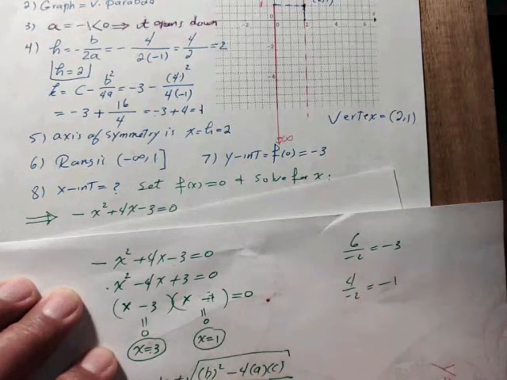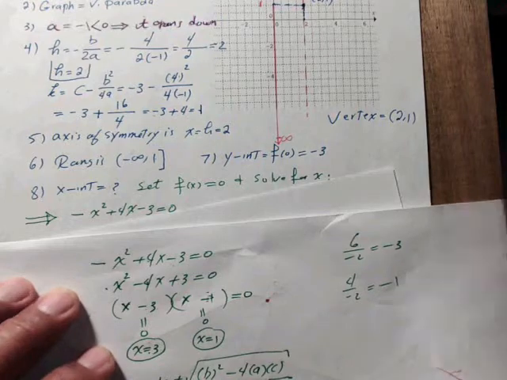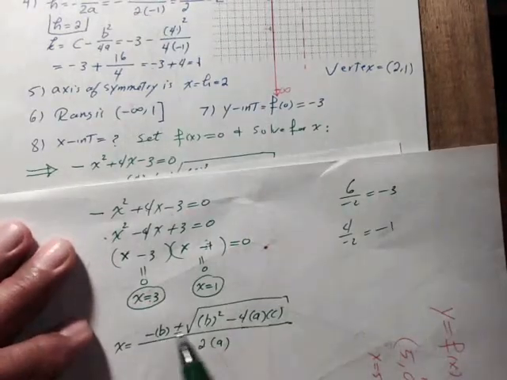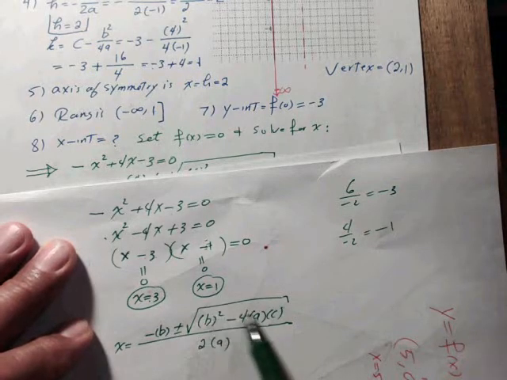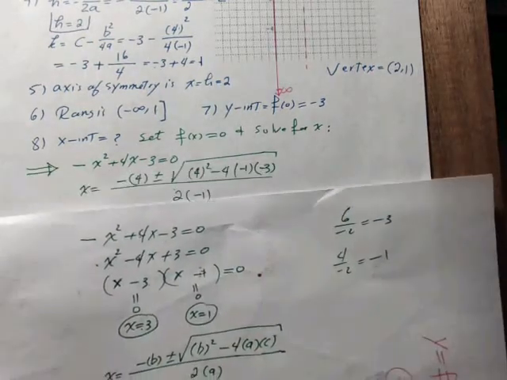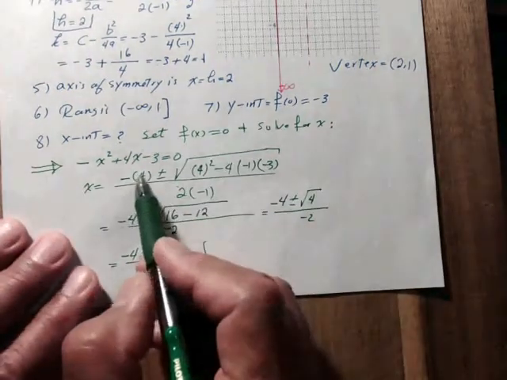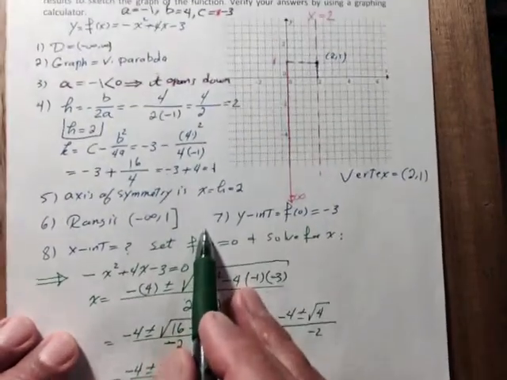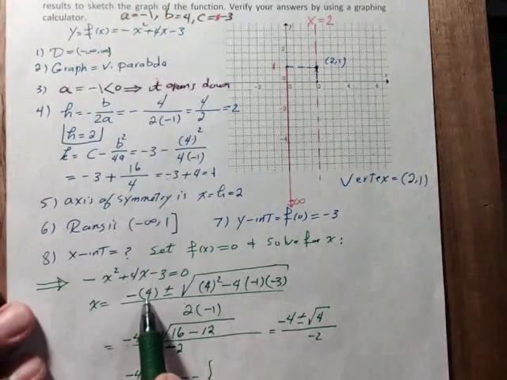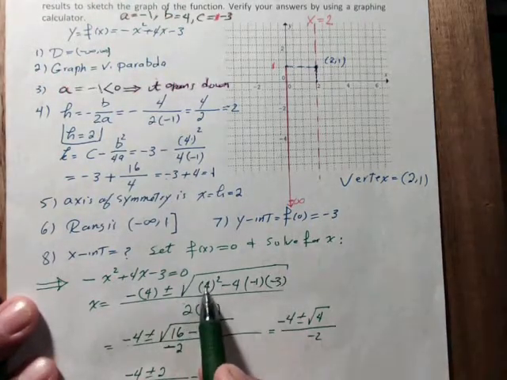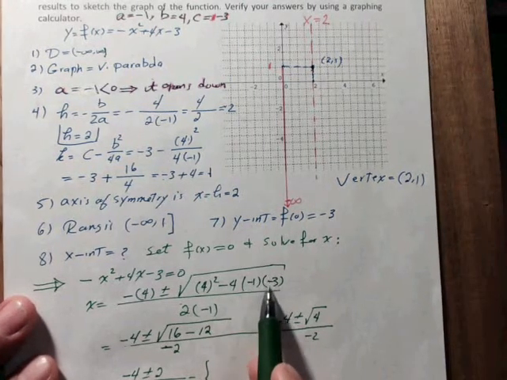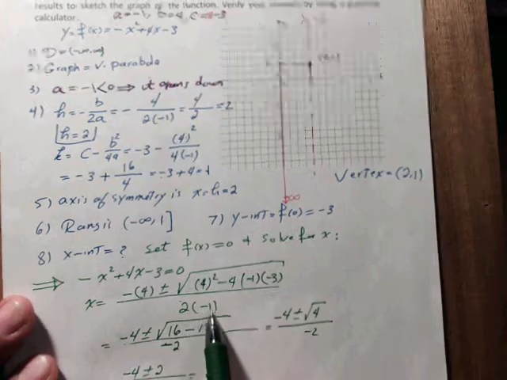If you don't know how to factor, or you forgot, just use the quadratic formula: minus b plus or minus the square root of b squared minus 4ac, divided by 2a. That's exactly what I've done here. Minus b: b is 4, so minus 4, plus or minus the square root of 4 squared minus 4 times a, which is negative 1, times c, which is negative 3, divided by 2 times negative 1.